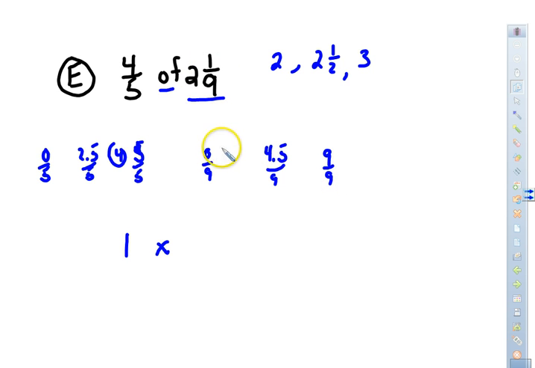And the 1 you can see is much closer to the 0. So this answer right here is basically 2, 2.5, or 3. And it is closer to 2, and 1 times 2 is 2.